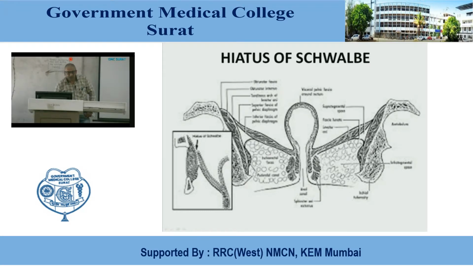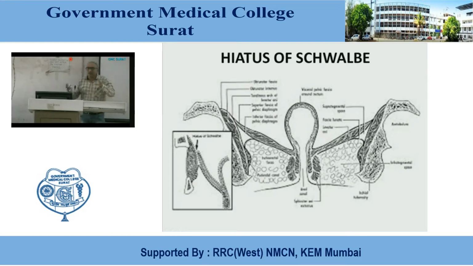Now sometimes a small part of the muscle fails to make an origin, or fails to be attached to this wall of the pelvis. So one hiatus is formed. Here one can see in this figure, one arrow is shown between this muscle and this wall of the pelvis. That is known as the hiatus of Schwab.